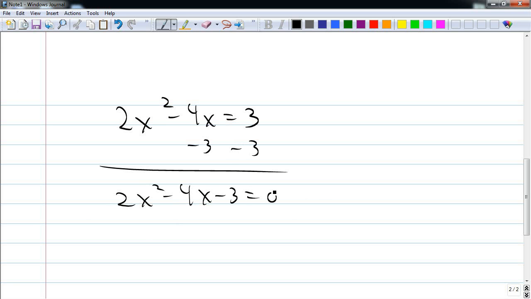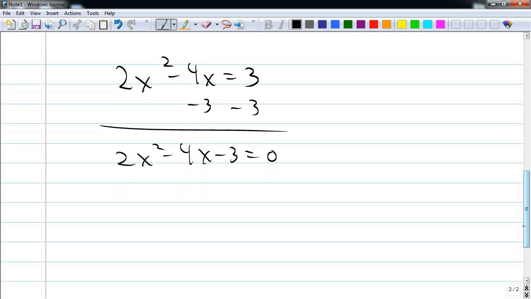Looking at this, it will not factor nicely, so I need to use the quadratic formula, which I will conveniently write up here so that we can reference it.